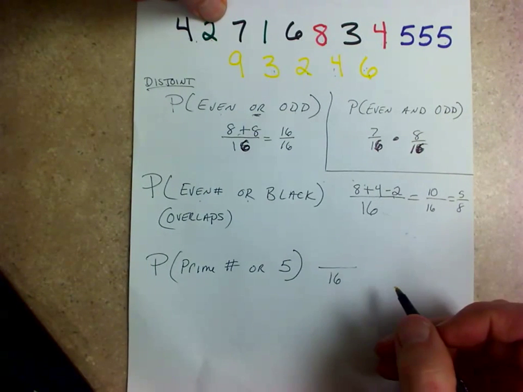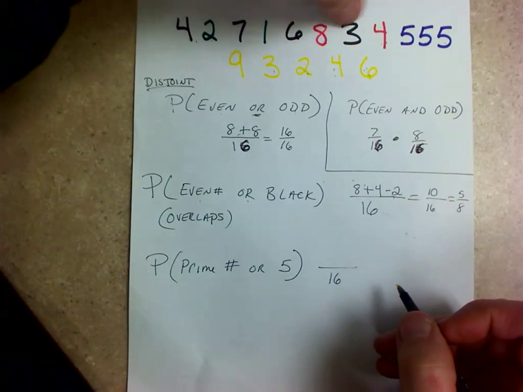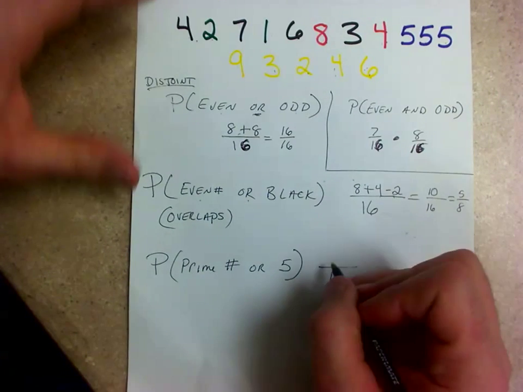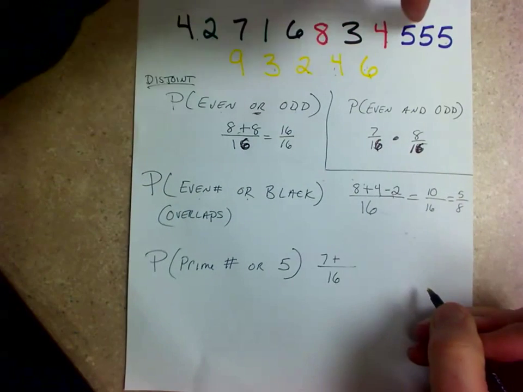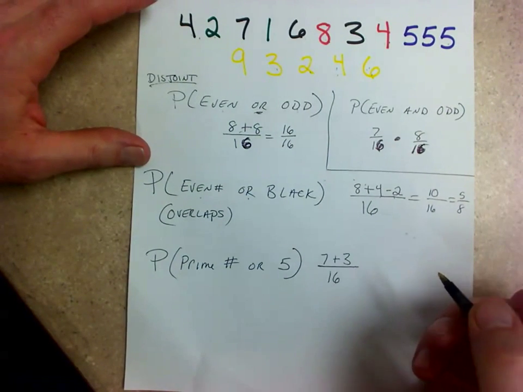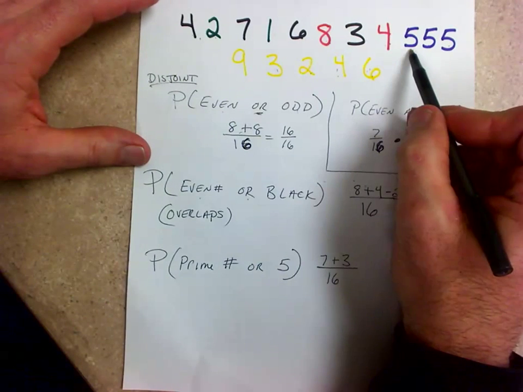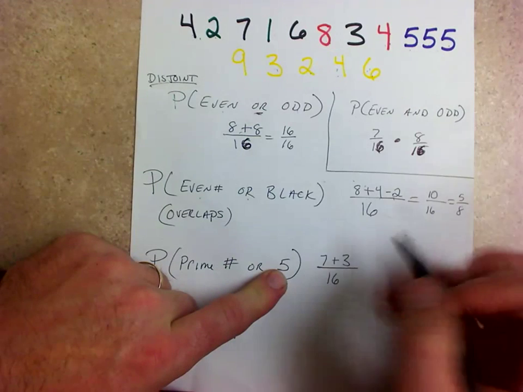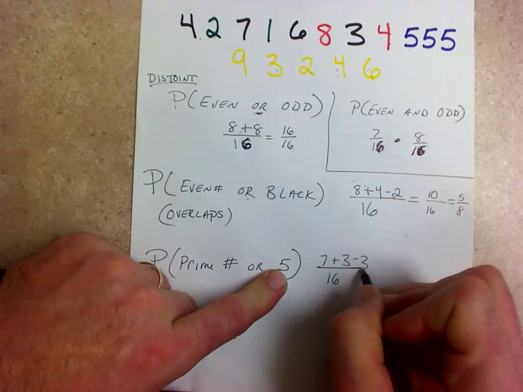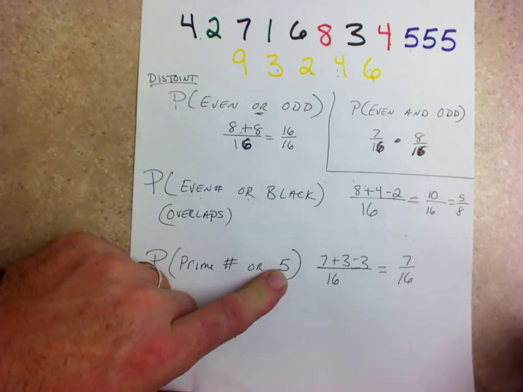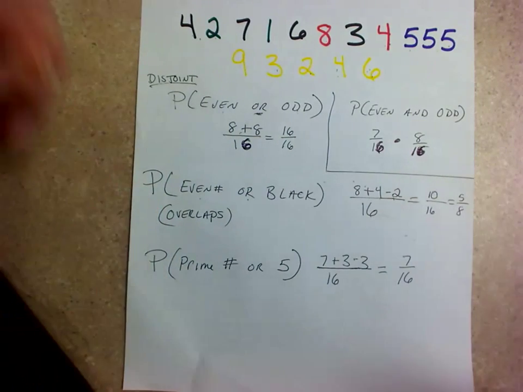So we got 1, 2, 3, 4, 5, 6, 7. Then the 5s, 3 5s. However, these 3 5s, we counted them as prime and we represented them here. So we do not want to count them twice. So we want to subtract our 3 overlaps, which leaves us with a 7/16.